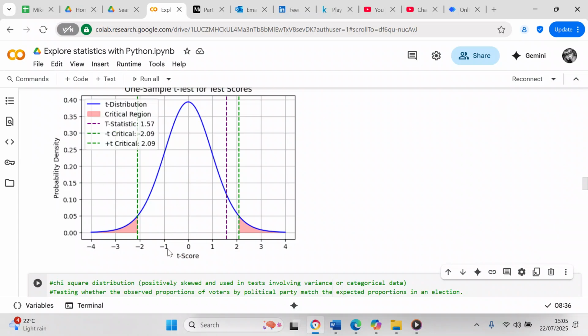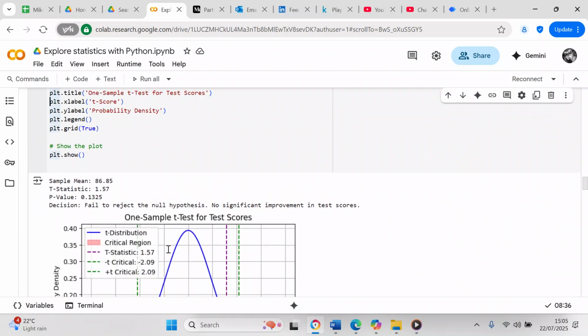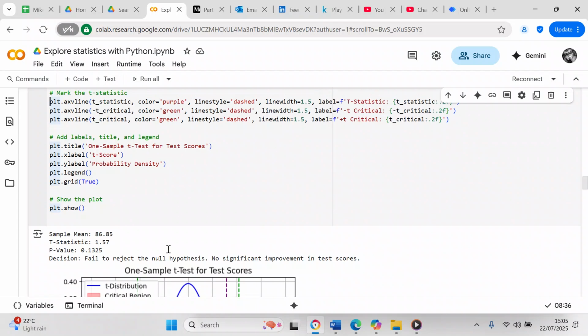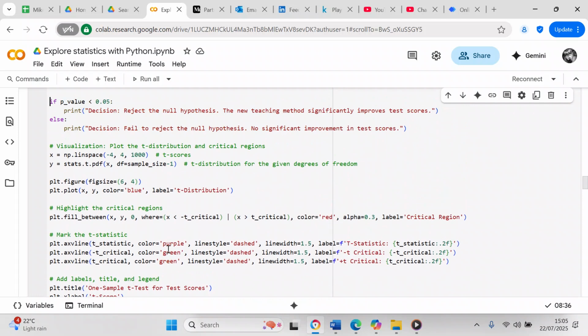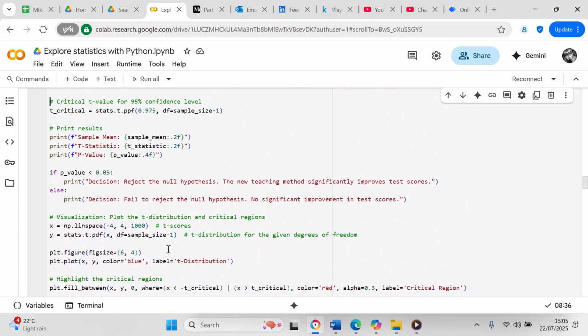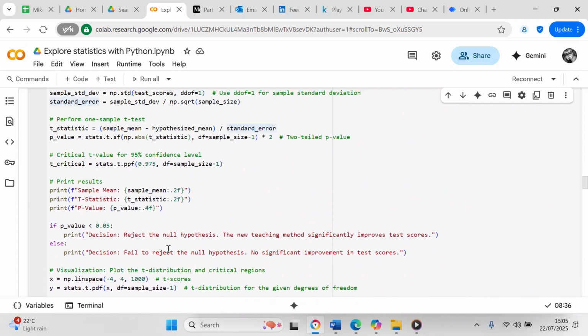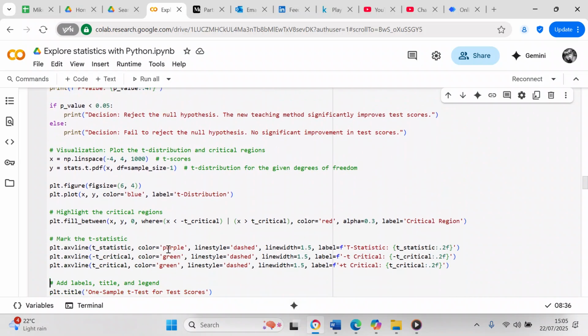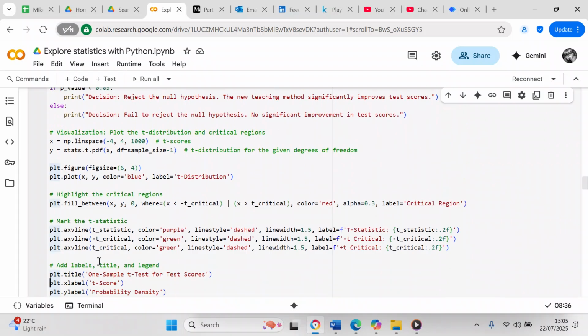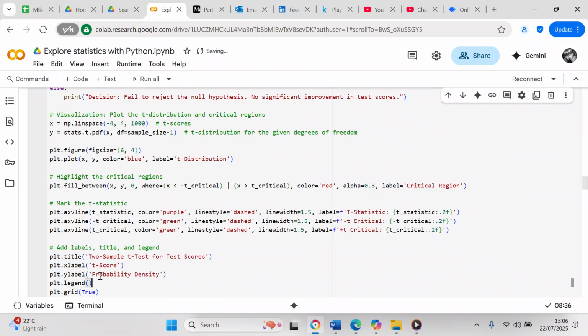So it says here that it's a one sample t-test, but let me just double check this. It's a two-tailed. It's not a one sample t-test. So let's see if that works better.